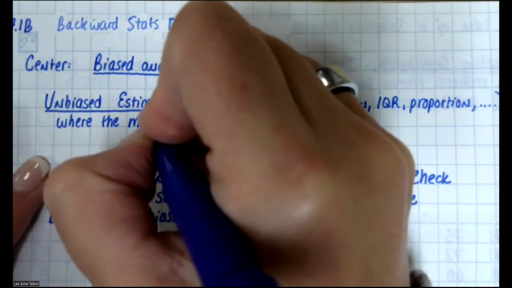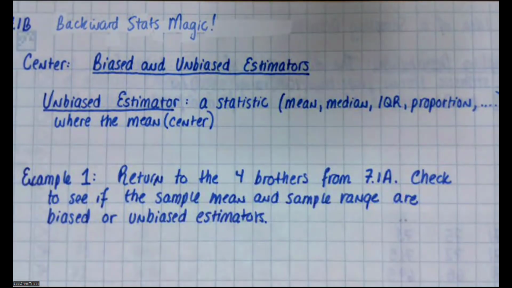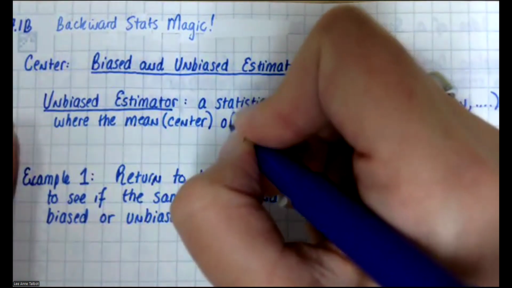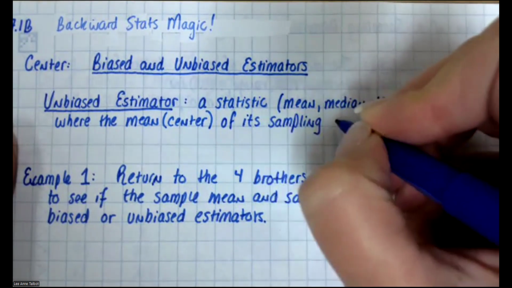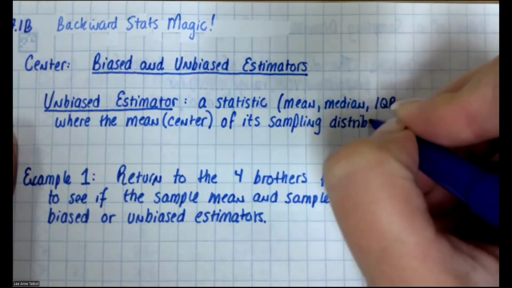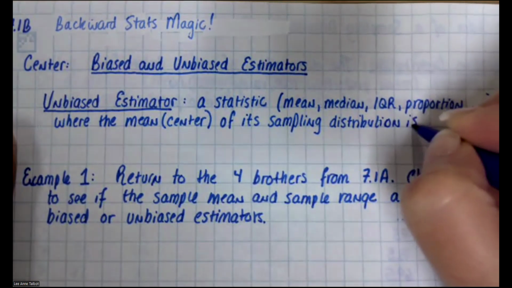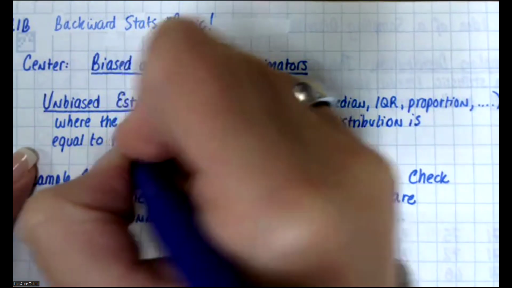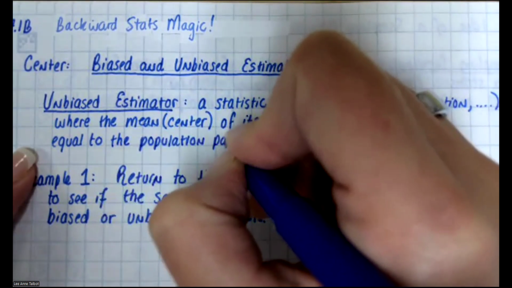Where the mean, and I'm going to put in parentheses center, because this is kind of a visual exercise, of its sampling distribution is equal to the population parameter.